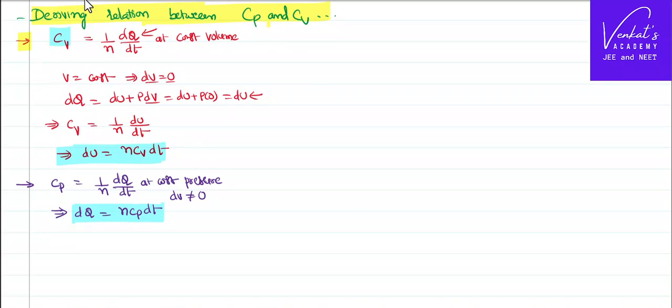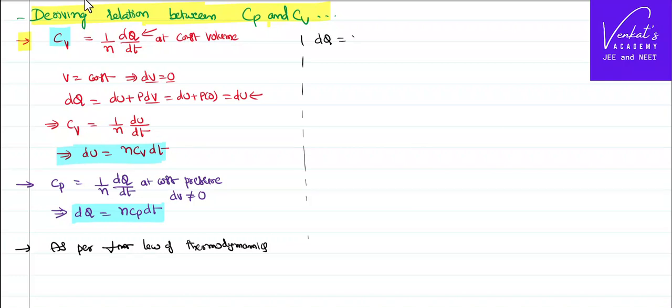What can we write? As per the first law of thermodynamics, the total heat energy supplied to a system, dq, is the sum of change in internal energy and the external work done by it.